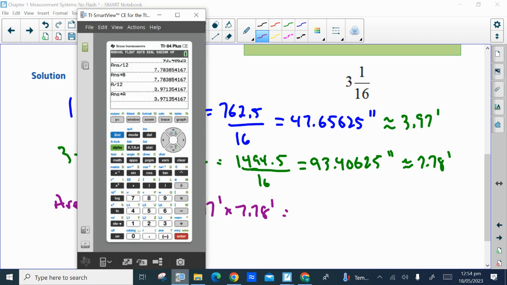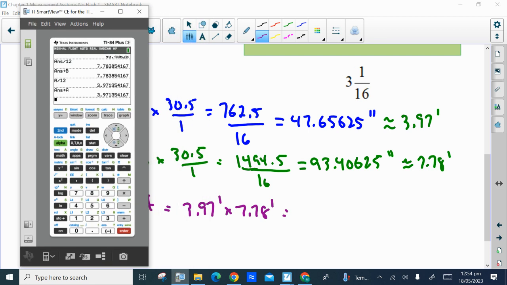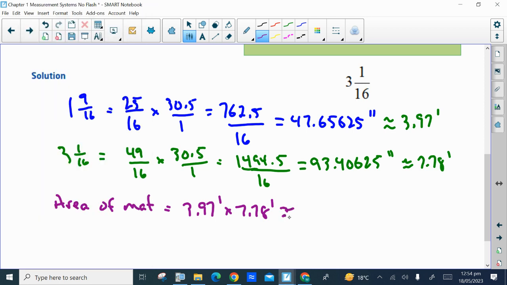So again, these numbers are in the calculator in memory slot A and B. So I can take the number in memory slot A and multiply it by the number in memory slot B. And so each mat is approximately 30.91 square feet. That's the approximate area of each mat.